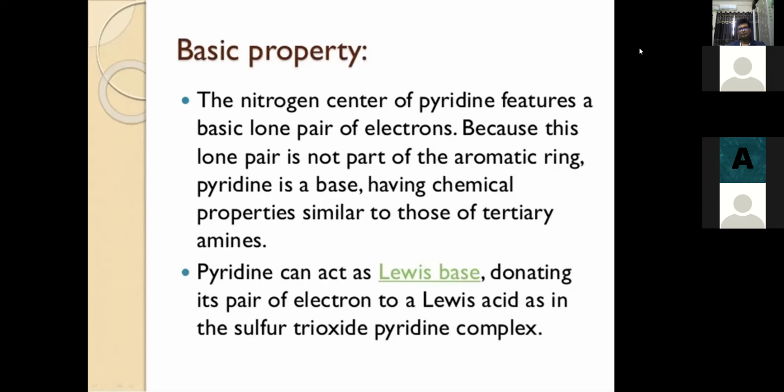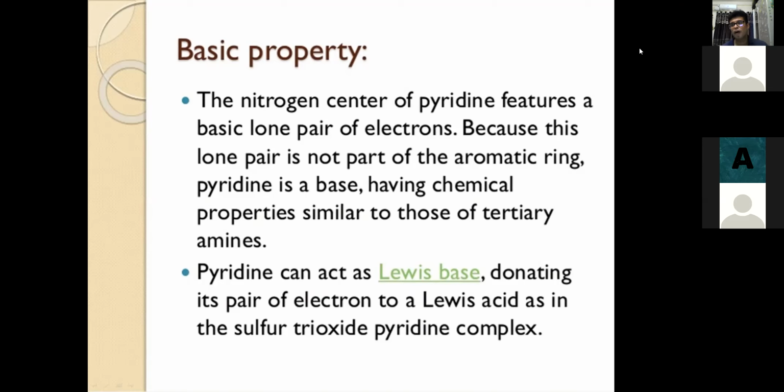Now, the basic property. Why is pyridine basic? The nitrogen center of pyridine features a basic lone pair of electrons. Why does it act as a basic lone pair? Because the lone pair of electrons on the nitrogen in pyridine does not get involved in the formation of the aromatic sextet.